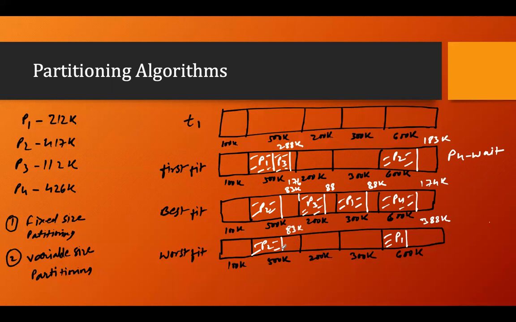Now let's go to 112. Here we have 200, 300, 388. The biggest one is this, so P3 will be accommodated here. From 388 we have taken 112, so 276K is left. The next one is 426. We can accommodate it nowhere, so it has to wait.